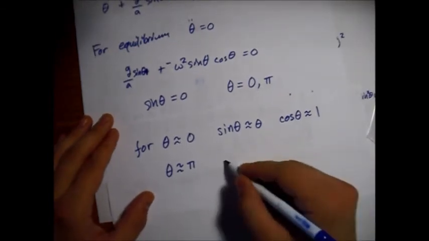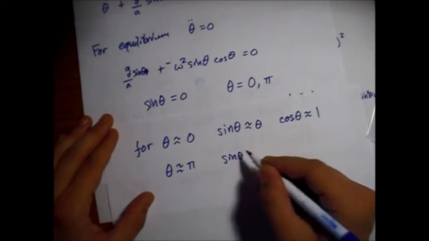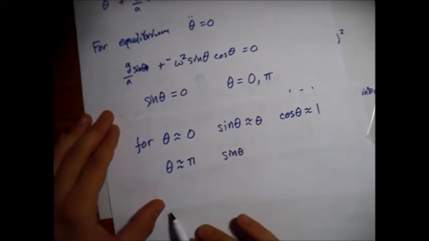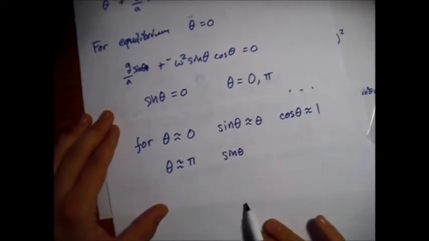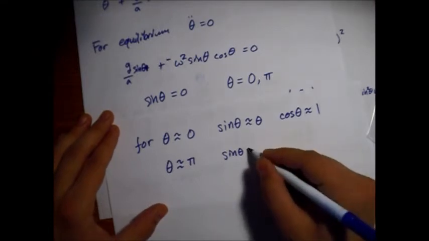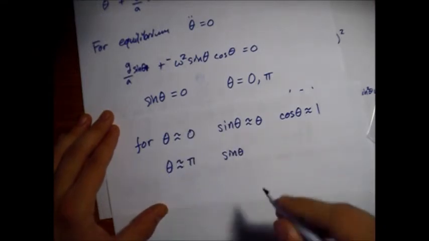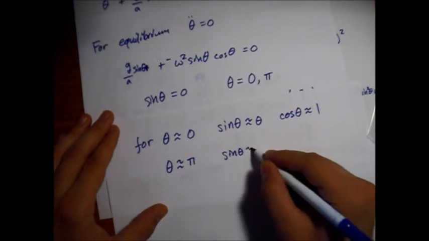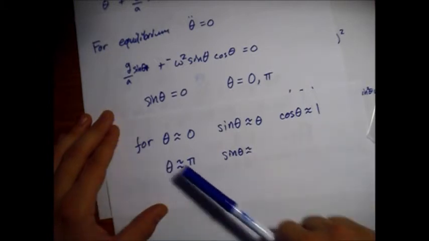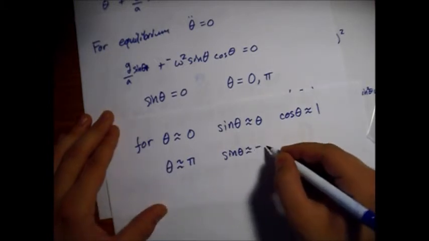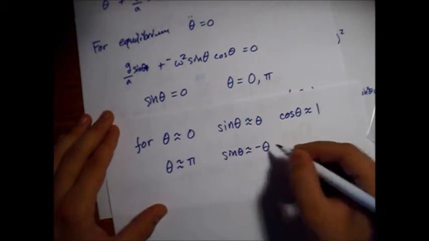Okay? For theta really close to pi, sine of theta, so we've gone up and over the hill, and now we're coming back down, right? So it's the same as before, except now the slope is the other direction. So this is going to be roughly equal to minus theta.